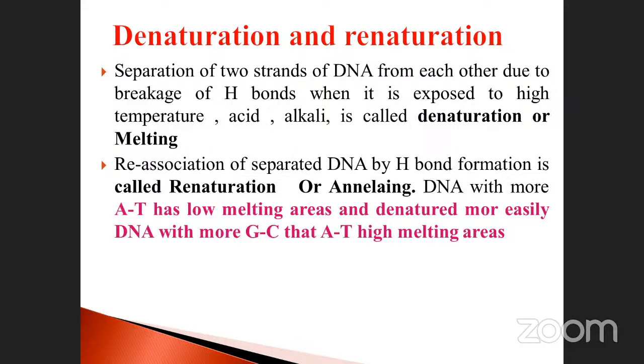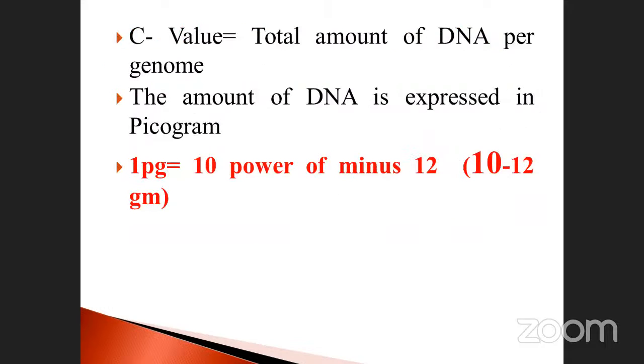This is also an important one. See, C value. What is the meaning of C value? The total amount of DNA per genome is called, what is that? C value.